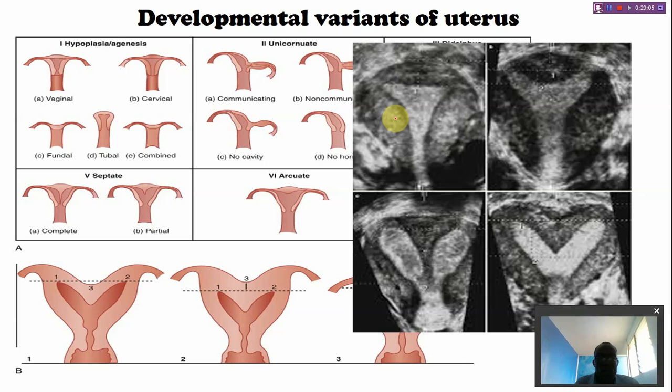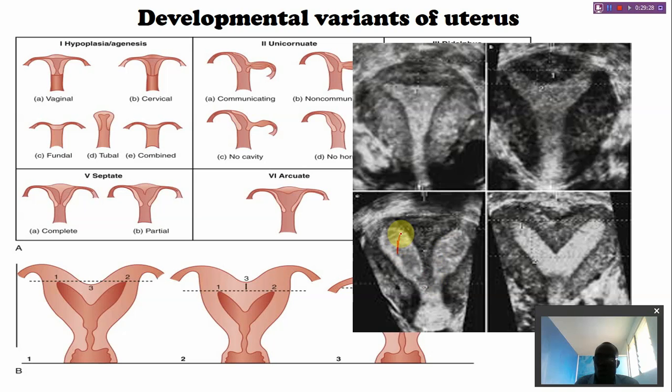So we can have a unicornuate uterus, and this is a partial septate uterus. This is a partial septate uterus, and this is a bicornuate uterus.